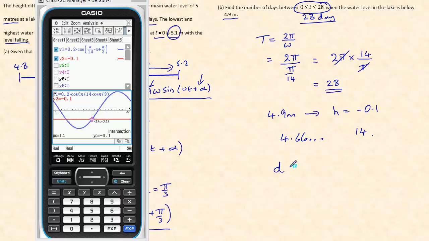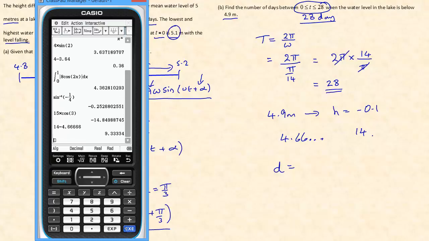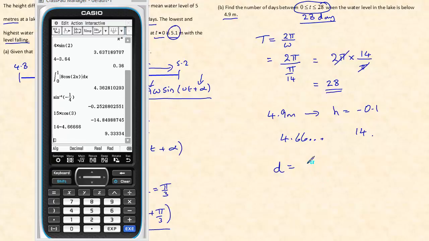So the number of days is going to be, let's just go back to main, it's going to be 14 take away 4.666666. So we're going to say 9.33 days, correct to 2 decimal places.